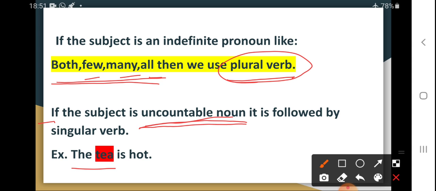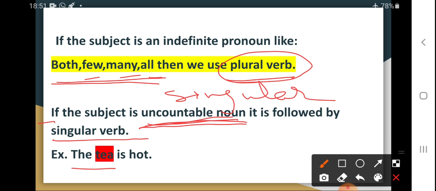And if the subject is uncountable, it is considered as a singular subject and we provide a singular verb. The tea is. We never write the tea are, the milk are, the water are. We never write like this. The tea is.